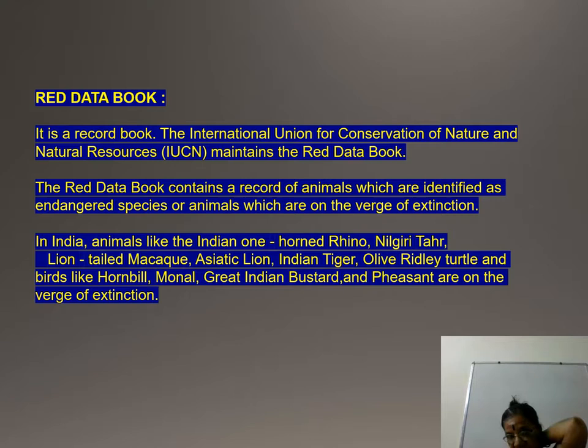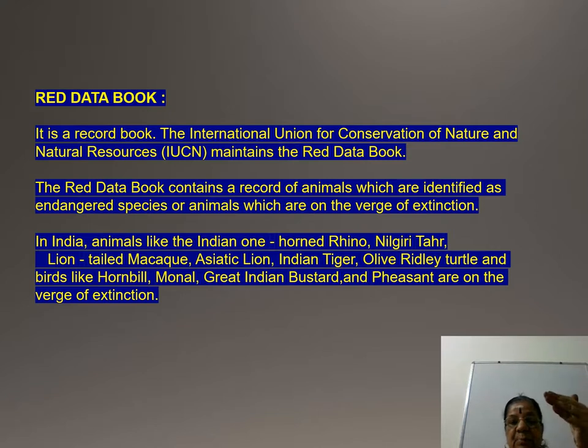Also in India, animals like Indian one-horned rhino, Nilgiri tahr, lion-tailed macaque, Asiatic lion, Indian tiger, Olive Ridley turtle, and birds like hornbill, monal, great Indian bustard, and pheasant are on the verge of extinction.